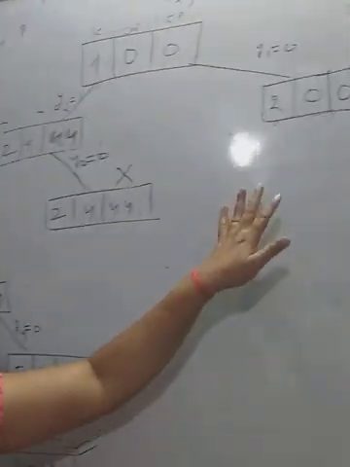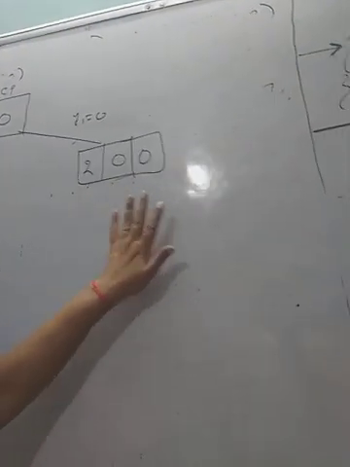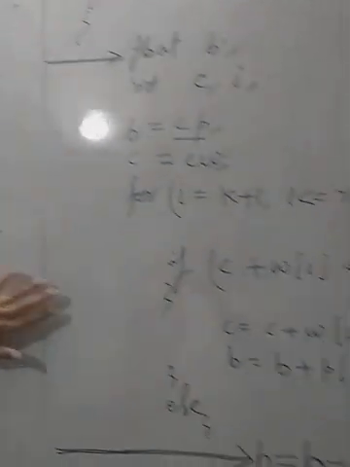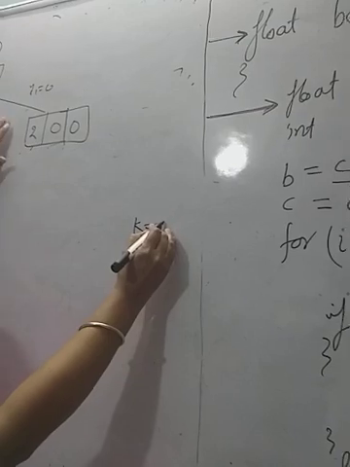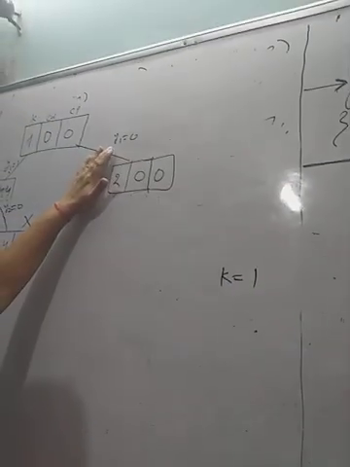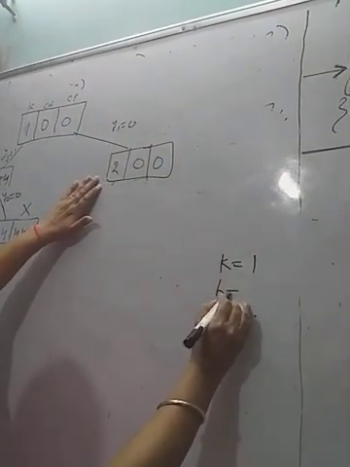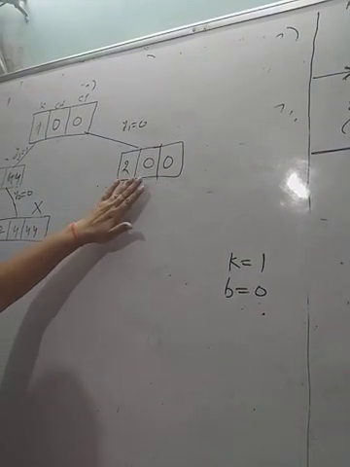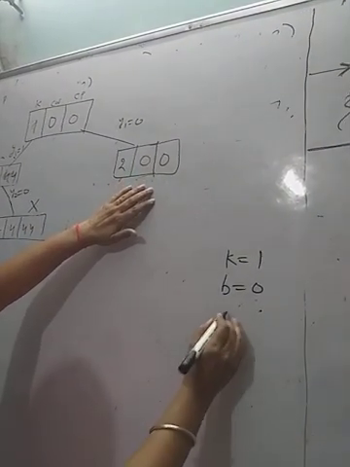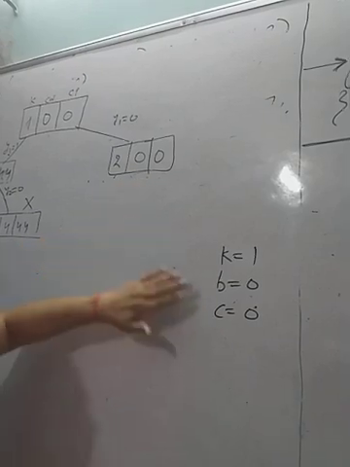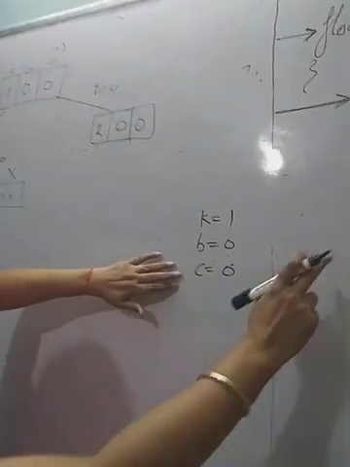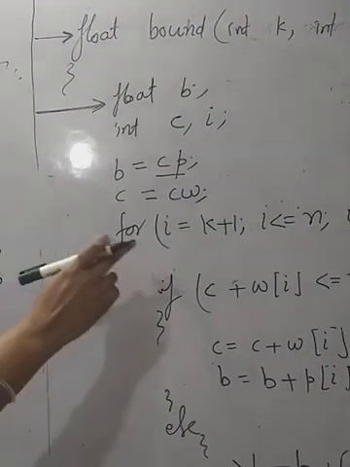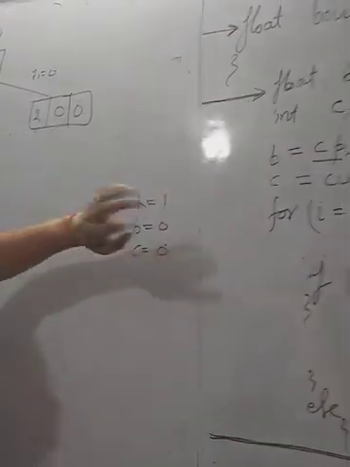Okay, so for this, the bound function for the right branch is called. Here for this bound function, what is k? k is 1 as the first object is removed. B is 0, the current profit, and C is the current weight. No weight is included till now and no profit is earned. So now in this loop, i simply runs from k plus 1, that is 2, to 5.